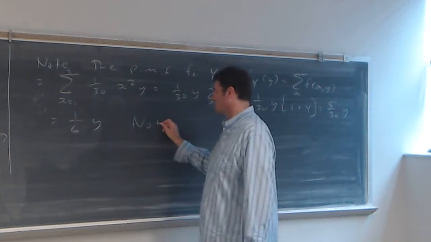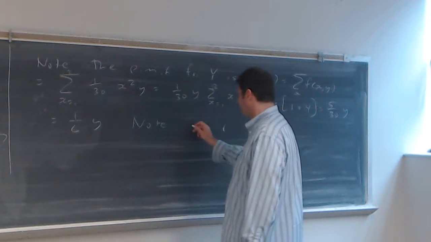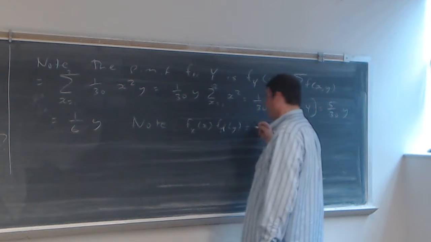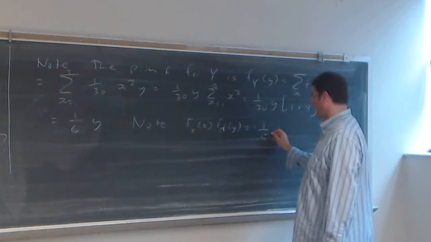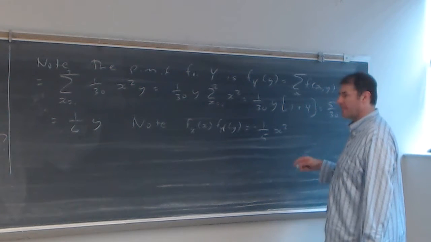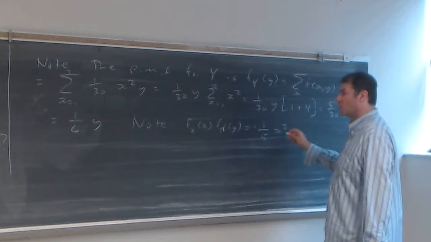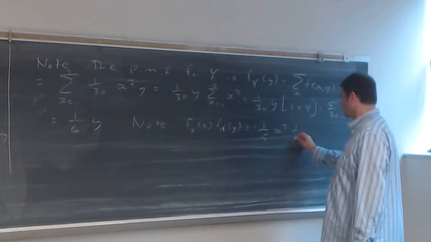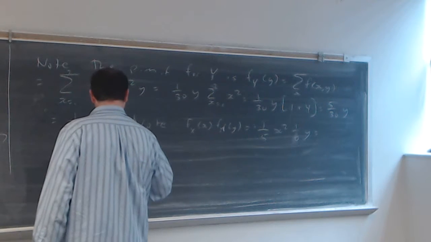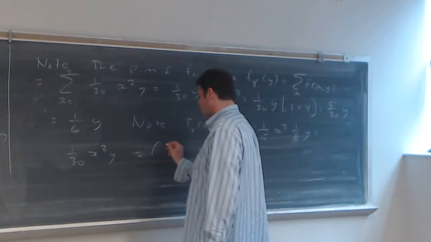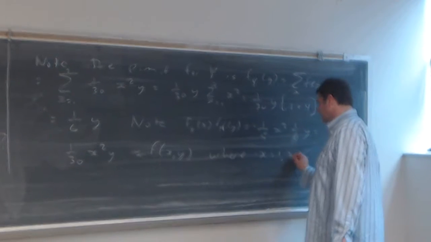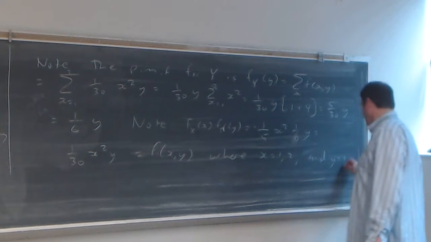Now, here's what we know. Note that f sub x of x times f sub y of y is equal to 1 over 5 x squared, where the x values run from 1 to 2, times f sub y of y, which is 1/6 y, and that's equal to 1/30 x squared y, which equals f of x comma y, where x is equal to 1 and 2, and y equal to 1, 2, and 3.